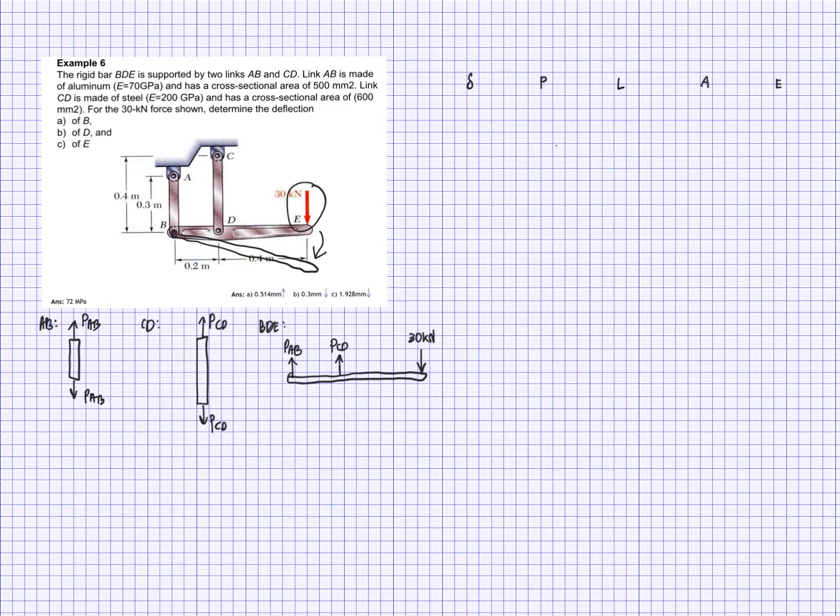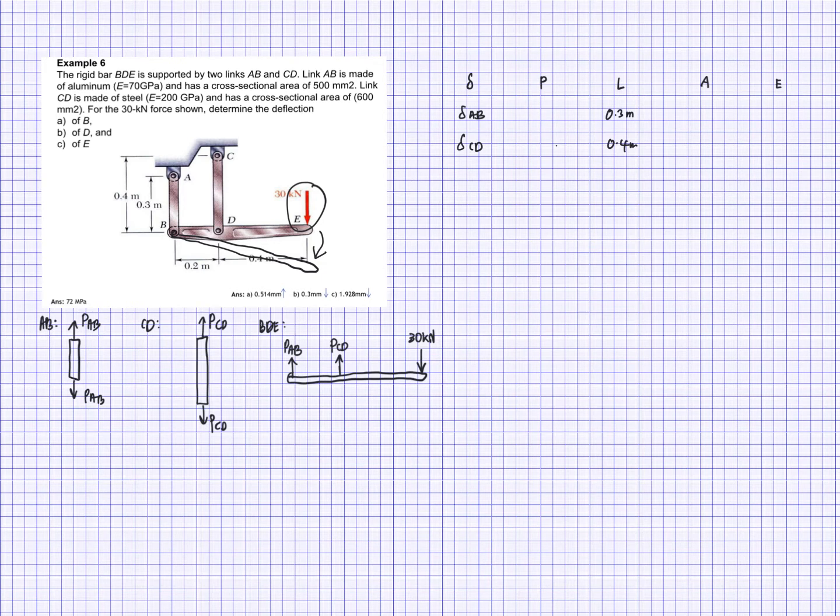Next, we are going to make a table like this in order to substitute into the equations later on, right? It is easier for us to come up with the table so that we do not make a mistake. So we have two deflections here that we are going to calculate, which is delta AB and delta CD. For the length, it is stated in the question, 0.3 meter and 0.4 meter.